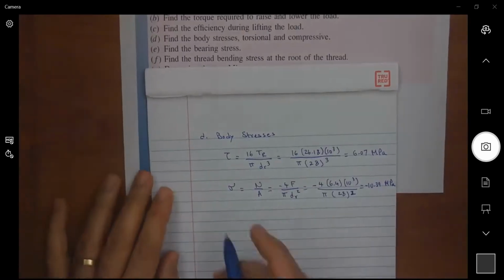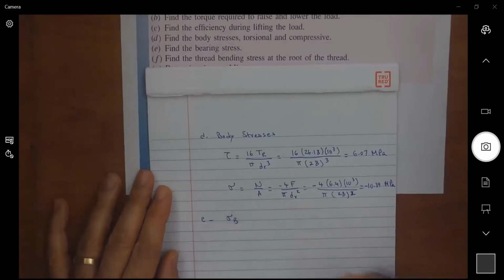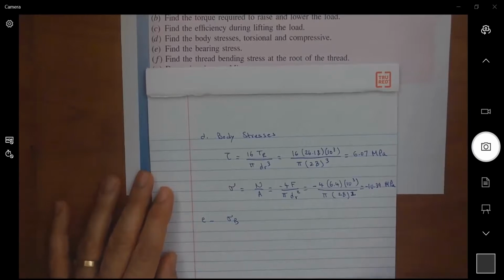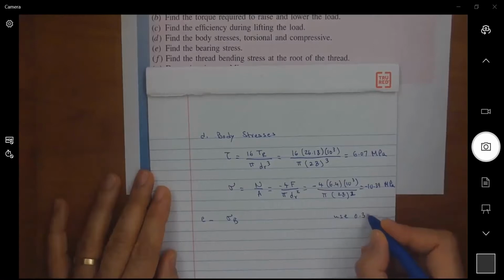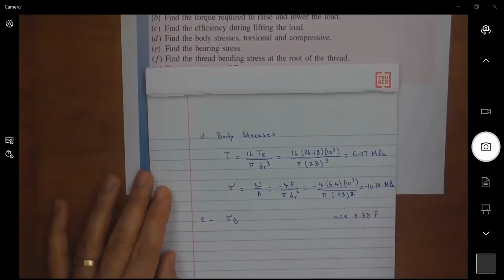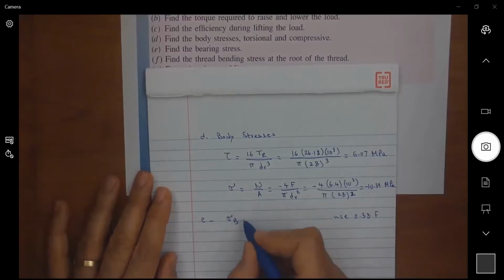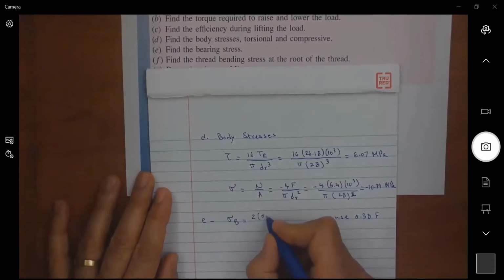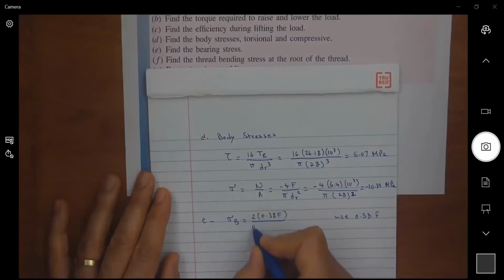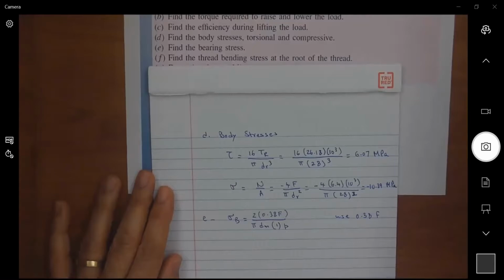And next, we're going to go to E, where we are going to find the bearing stress, and we are going to use 0.38F for the maximum, right? So I'm going to get here this sigma B is 2 times 0.38F divided by pi dm. For nt, I'm going to put a 1 divided by the pitch.